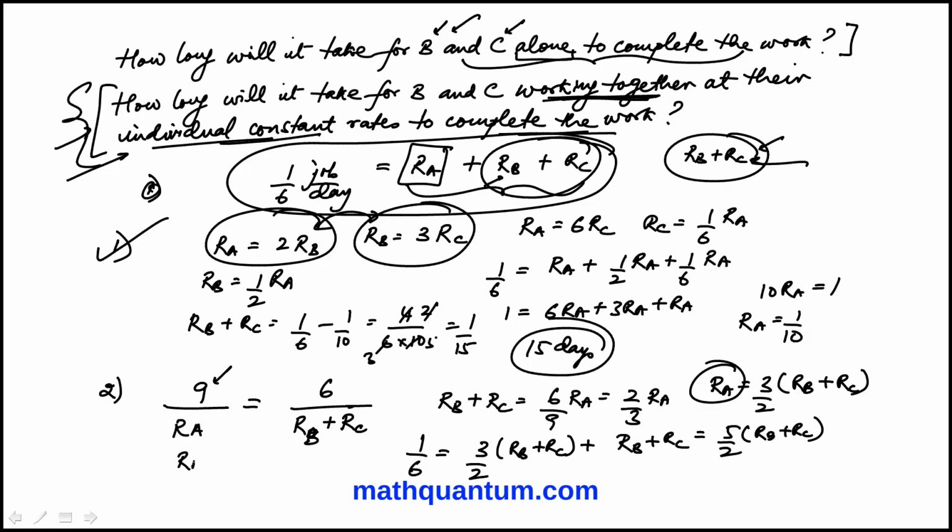And then that means RB plus RC is 2/5 of 1/6, and you'll see I do get 1/15, same as in statement 1.